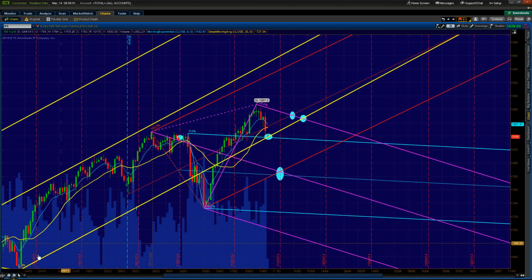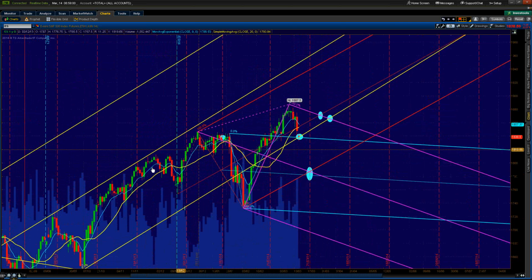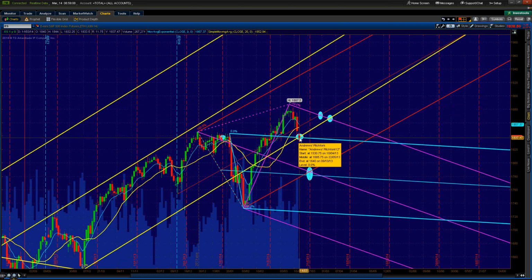So right now, we're in danger of violating this major upward trend of the long-term fork that we've been watching for many months now, and we are coming down again to test the lower line of it.